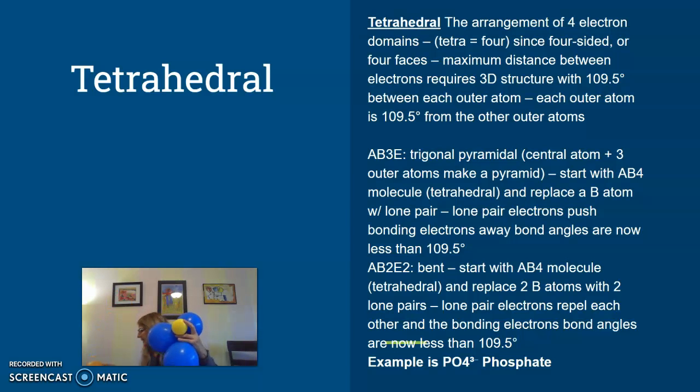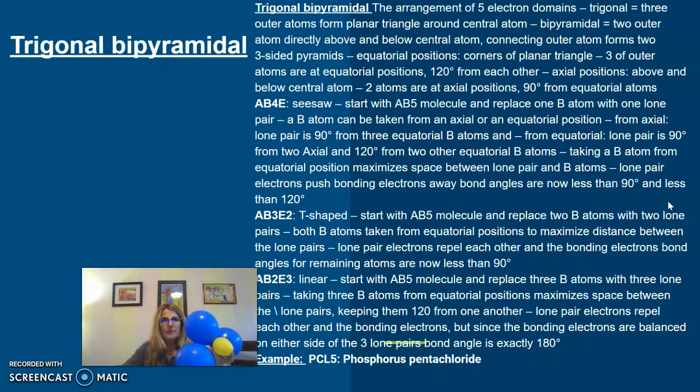All right, and then the next one, I didn't have enough balloons to make one of each, so I kind of got to improvise here. So the next one is the trigonal bipyramidal, and this one has 5. So there's the 3. We kind of take that triangular one, and then we stick one on top.